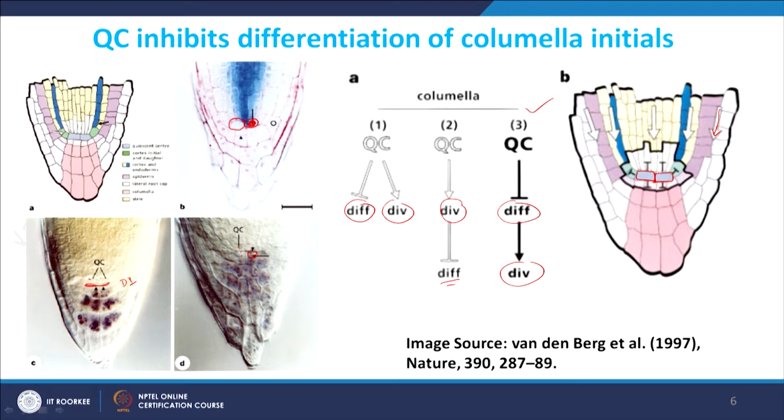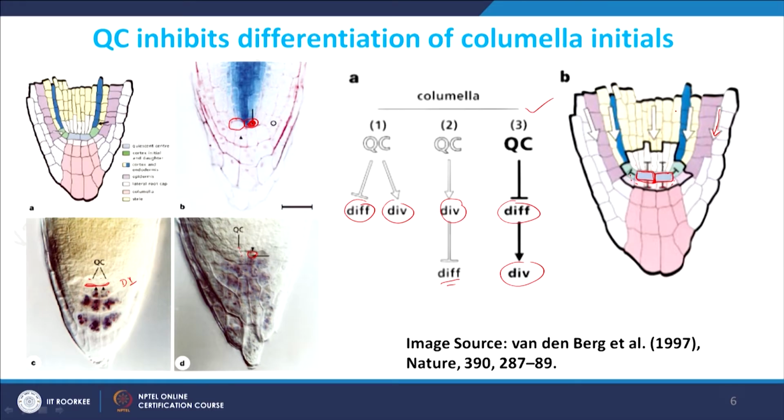So, the balance between these two signals might be important. This signal is more of a short distance signal. The cells which are in direct contact with the QC receive these differentiation inhibition signals, whereas the other signals are coming from the top.